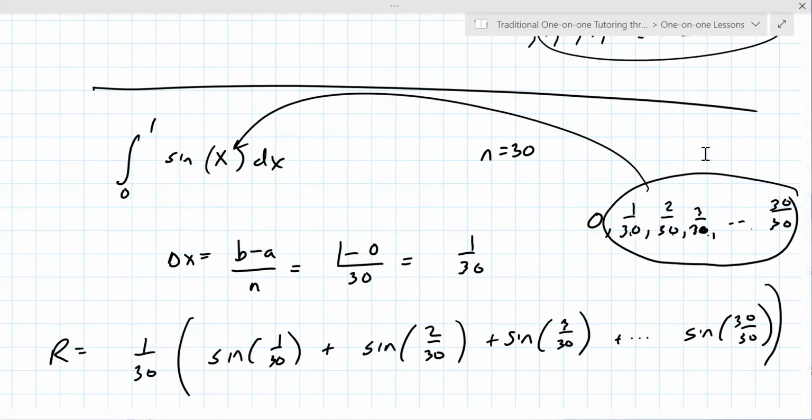It's either a right or a left, and I don't know because it doesn't say. It should say right or left. It's like there's another answer where it's sine 0 plus sine 1 over 30 plus sine 2 over 30, where it stops at 29 over 30. And then it's a left, but we don't know.